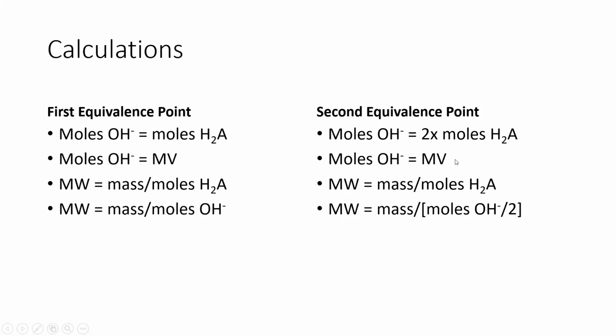That is still the same. But when we're calculating our molar weight, and we want to do mass divided by moles of H2A, or moles of the acid, we have to remember that the moles of the acid is actually half the number of moles of the hydroxide. So you have to take however many moles of hydroxide you calculated and divide it by 2.